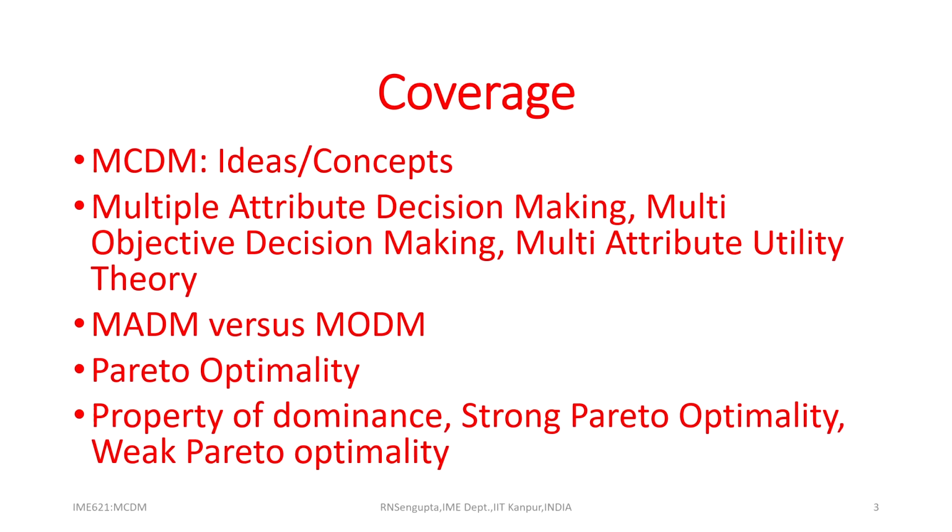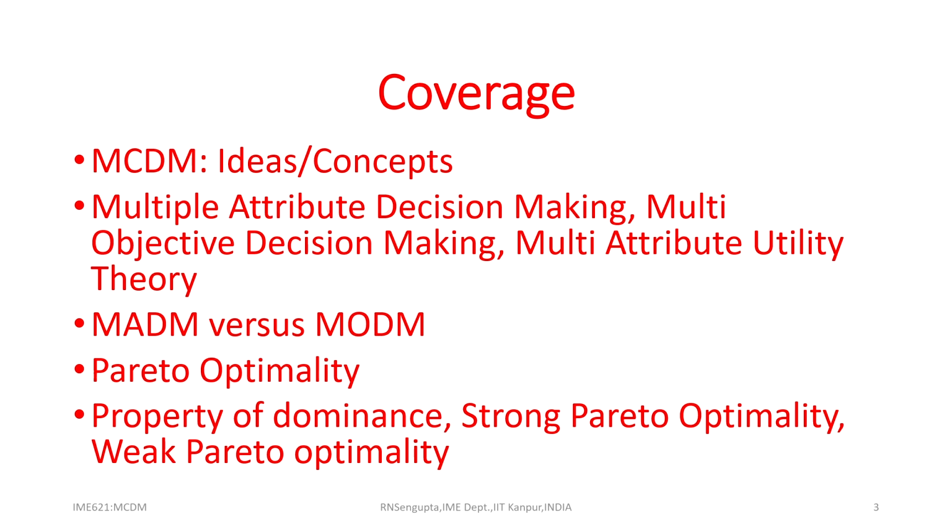So, the coverage here, I am reading many of them, some would be discussed later on, would be MCDM ideas and concepts, multi attribute decision making, multi objective decision making, multi attribute utility theory, MADM versus MODM, which is multi attribute decision making versus multi objective decision making, where MADM is more qualitative in nature, MODM is more quantitative in nature, and there are other differences also.